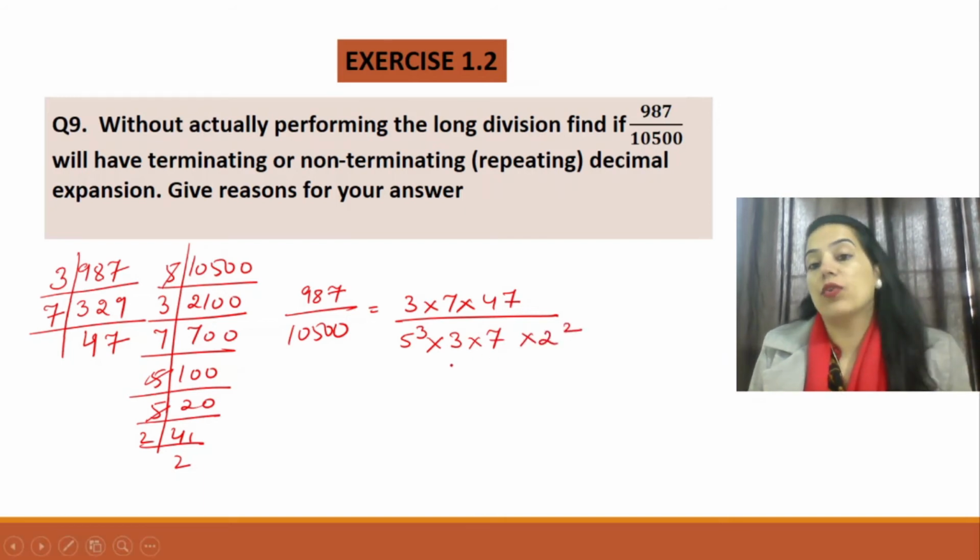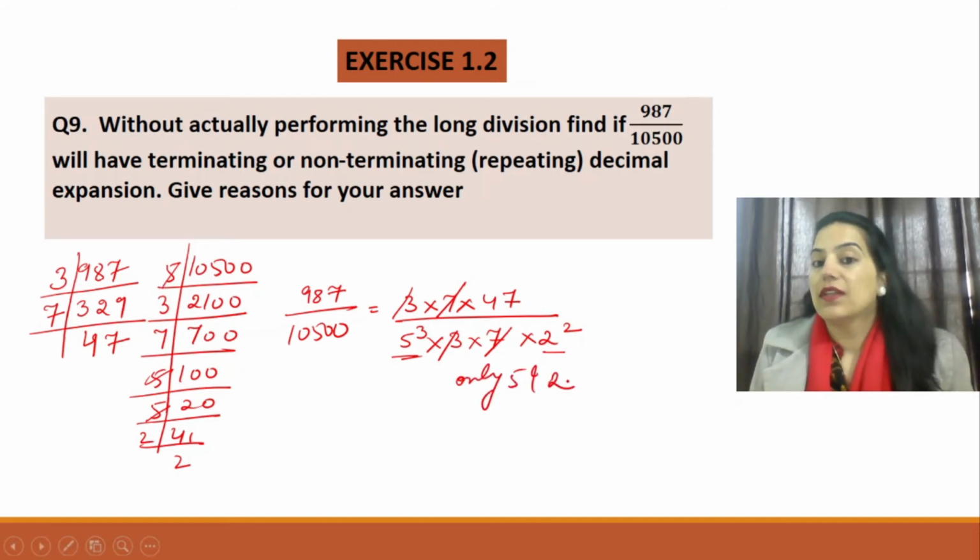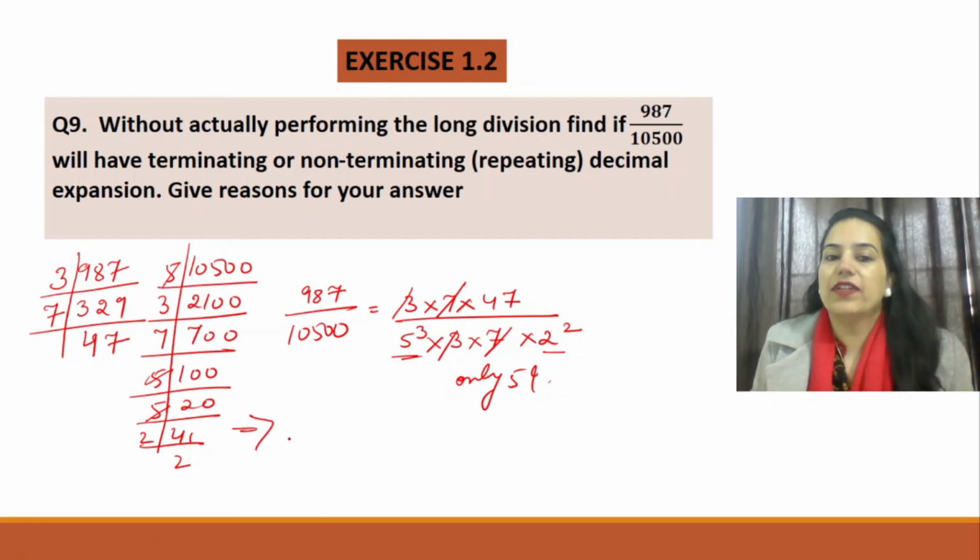So if you had only factorized the denominator, you would say, oh, there are 3 and 7, so it will not have a terminating decimal expansion. But 3 and 7 are getting cancelled. So in the denominator, there are only 5 and 2 left, which implies the given expression will have terminating decimal expansion.